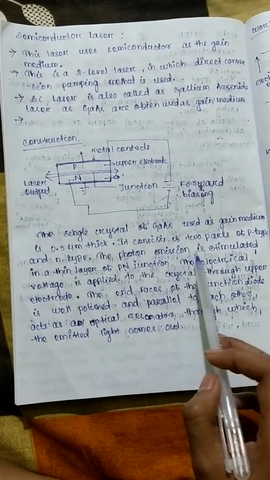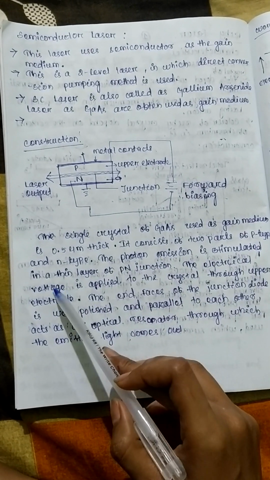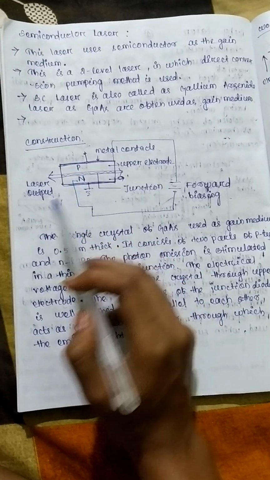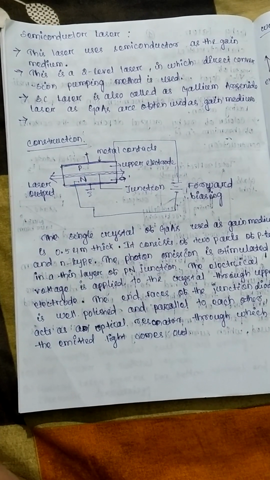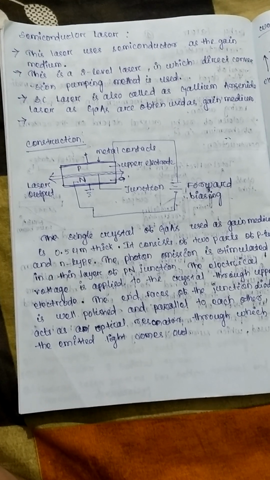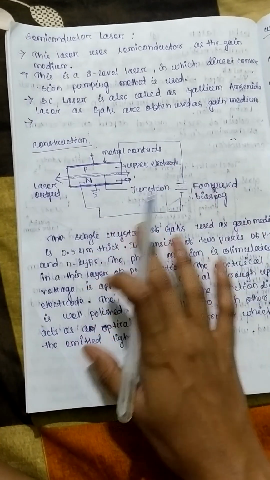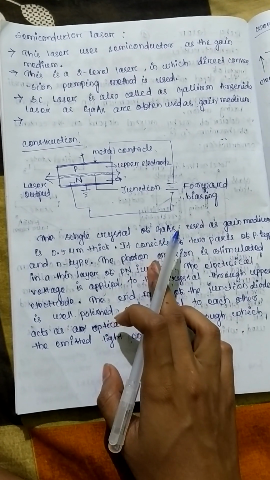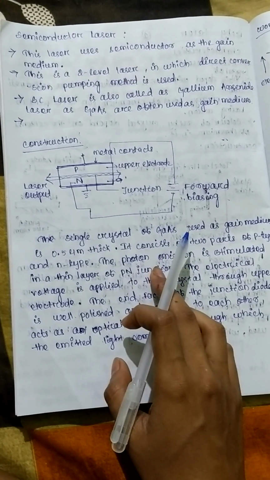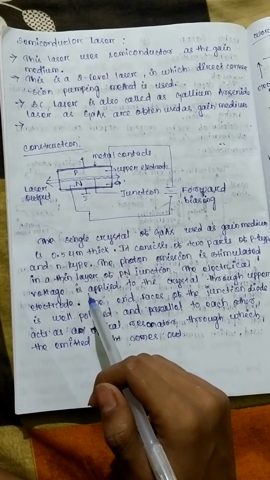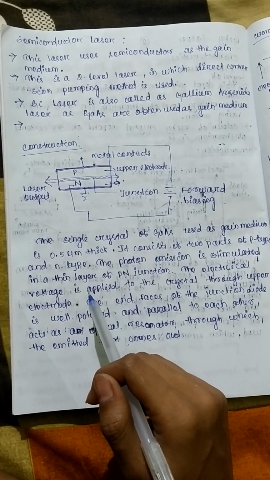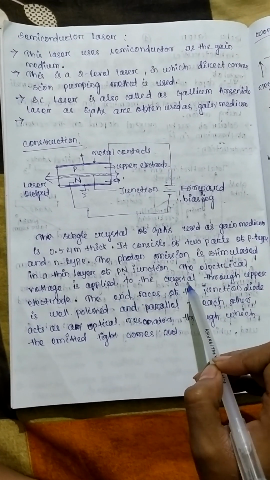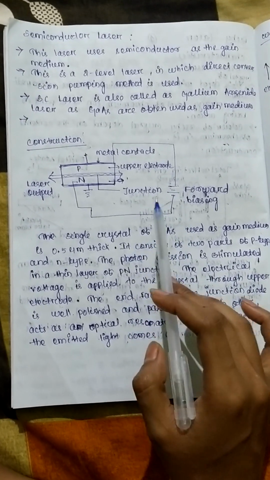The photon emission is stimulated in a thin layer of the PN junction. It means that a thin upper layer of the PN junction involves the emission of photons when we apply forward biased voltage, and the electrical voltage is applied to the crystal through the upper electrode.